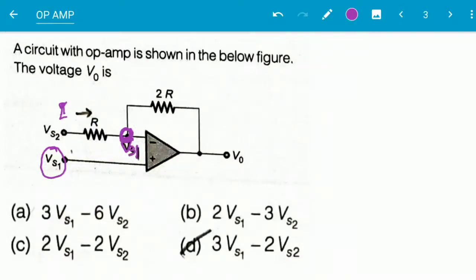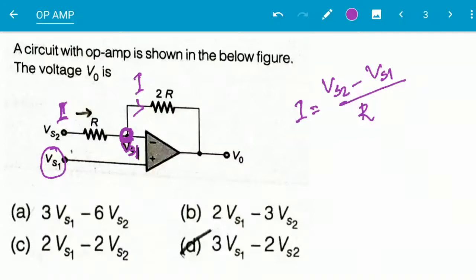So the current I will be equal to (Vs2 minus Vs1) by R, and the same current will flow this way, because no current enters into the op-amp.